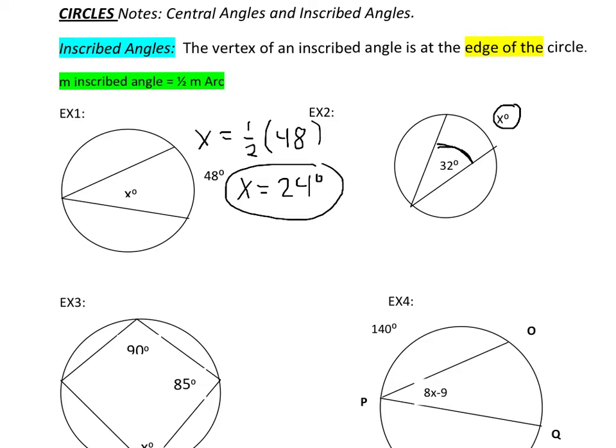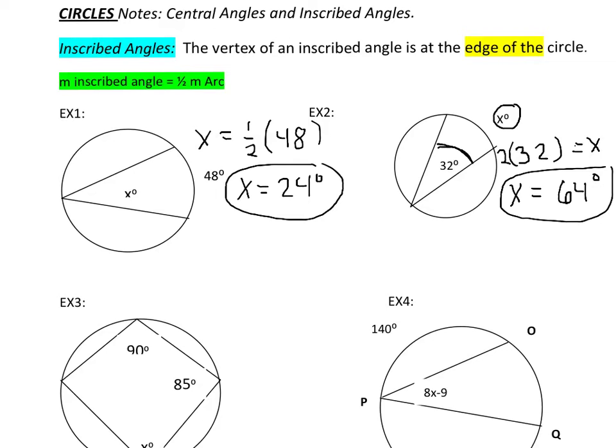So we just multiply that by 2, and we get the arc. So x equals 64 degrees, and there is our answer.